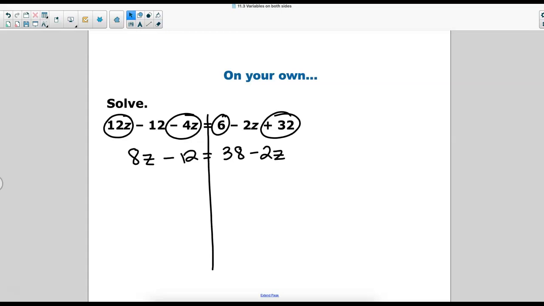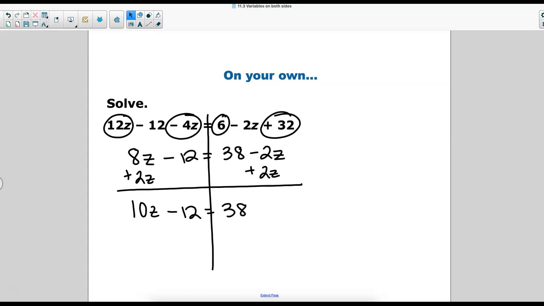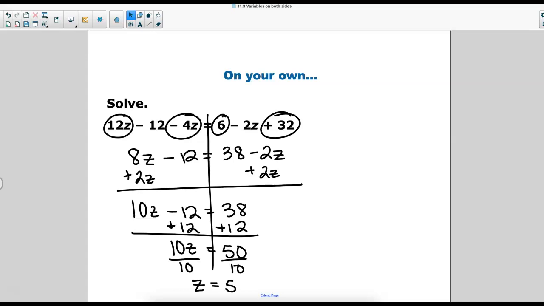If I was you, I would add 2z to each side. So now we have 10z minus 12 equals 38. And hopefully from that point it becomes a simple problem. You add 12. 10z equals 50, divide by 10, z equals 5.